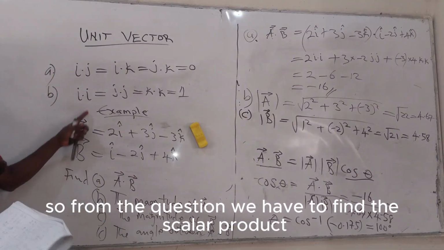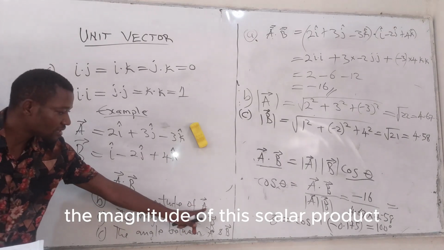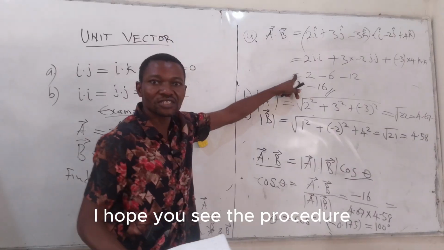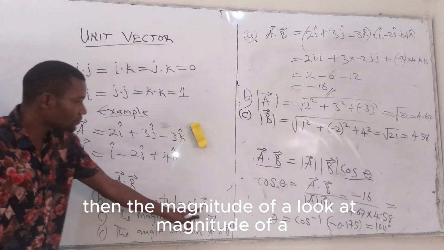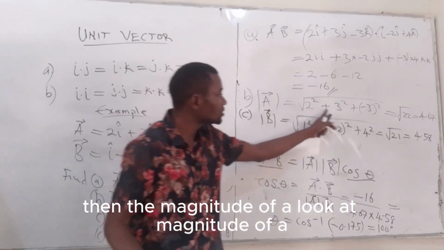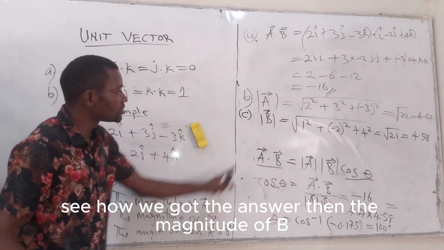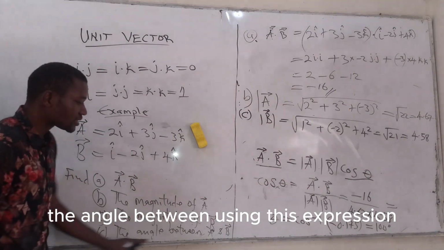So from the equation, we have to find the scalar product, which we have gotten here. I hope you see the procedure, the process. Then the magnitude of A, look at the magnitude of A, see how we got the answer. Then the magnitude of B, look at it, see how we express it. Then the next question, the angle between.